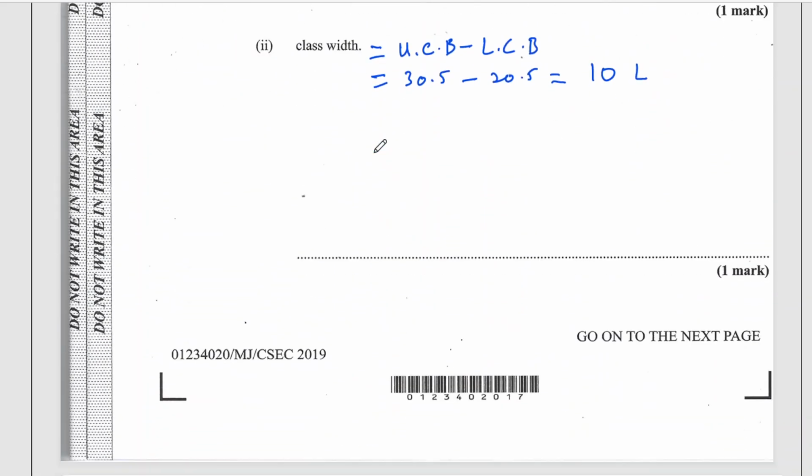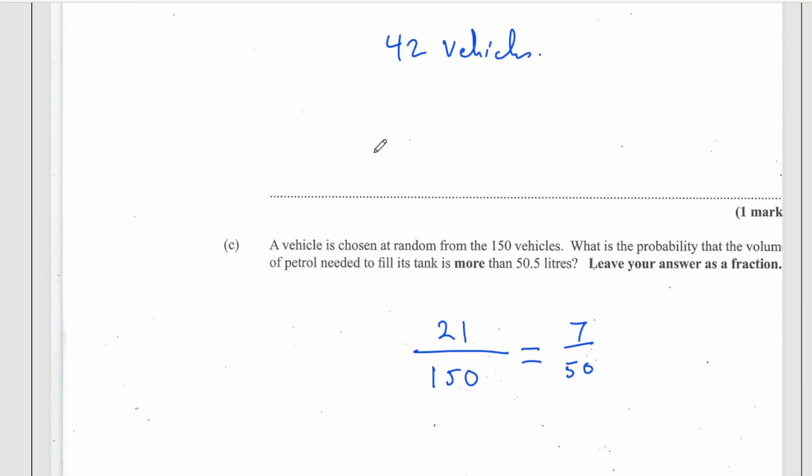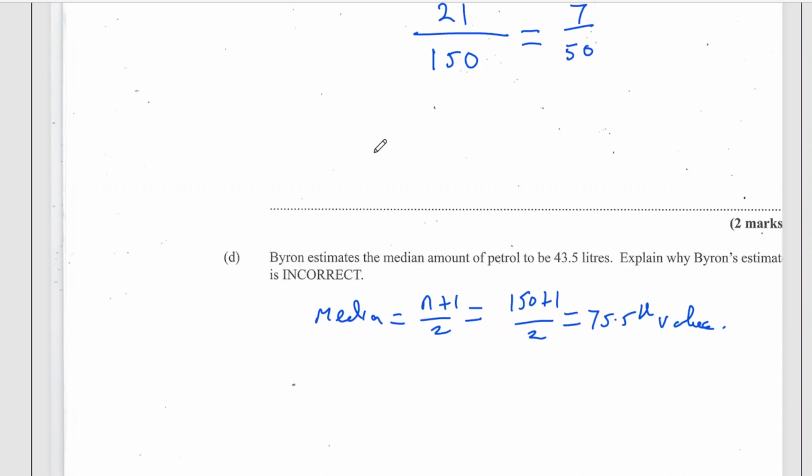So based on calculation, the median is 31 to 40 liters, right? That is the median. And his estimate was 43.5.